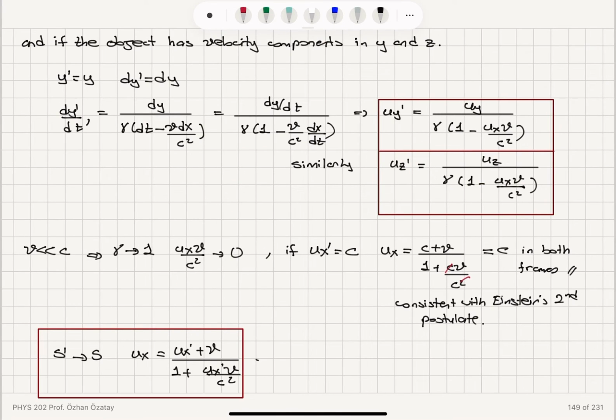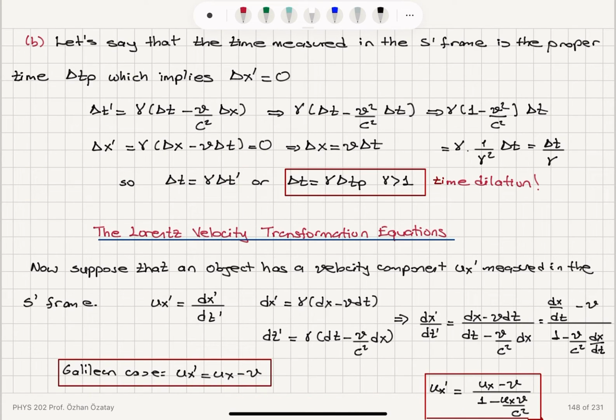Okay, so we have talked about Lorentz velocity transformation equations. In order to obtain these equations, you have to look at the Lorentz transformation equations in difference form. So delta x prime is gamma times delta x minus v delta t, and delta t prime is gamma times delta t minus v over c squared delta x. So ux prime is dx prime over dt prime.